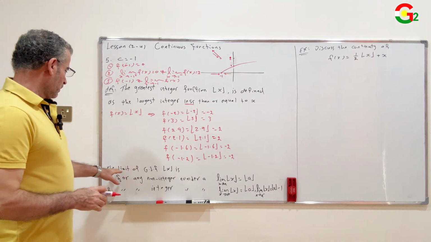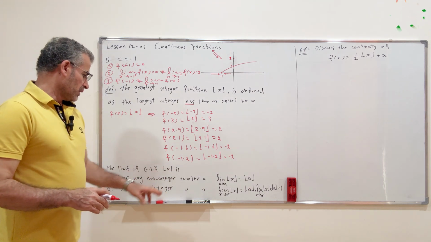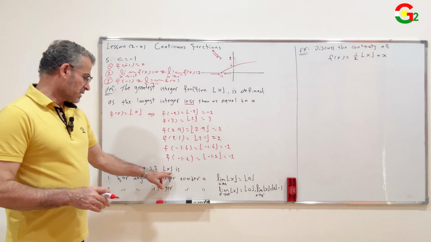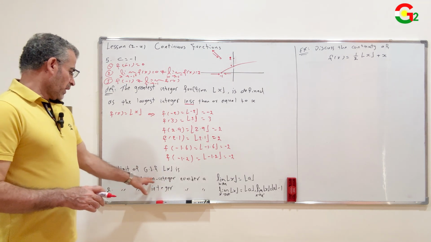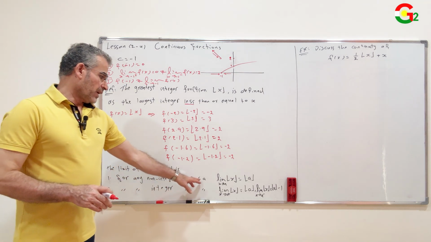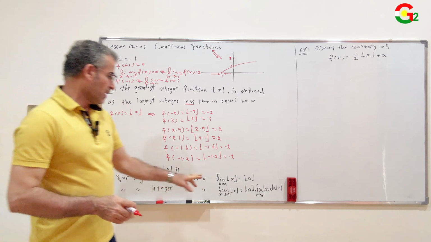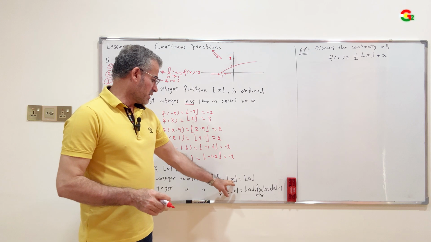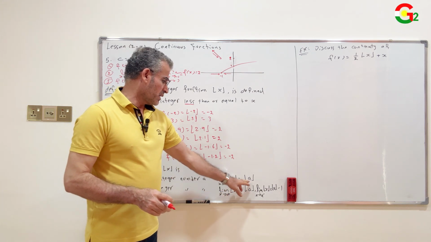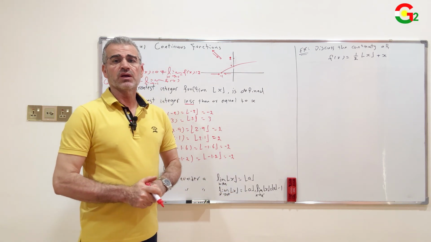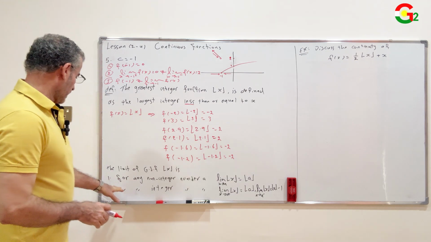For the limit of the greatest integer function x, for any non-integer number a, if a is non-integer, then the limit of the greatest integer x when x approaches a is the greatest integer of a.